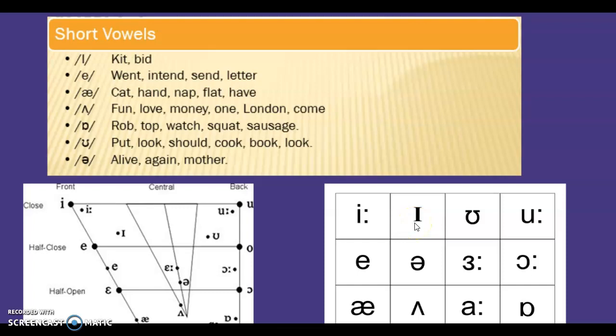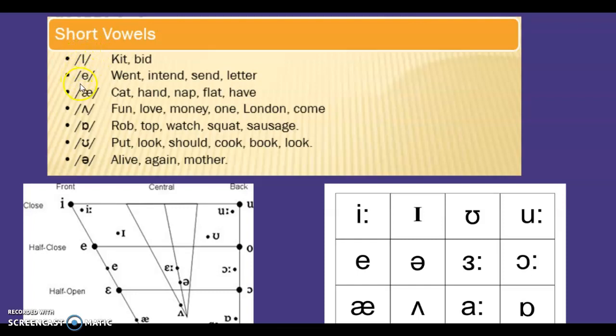So it's I. Please repeat after me. I, kit, bit. Notice how the blade or front part of your tongue is raising. It's very close to the roof of the mouth, to the palate. Okay? So this is the sound I.